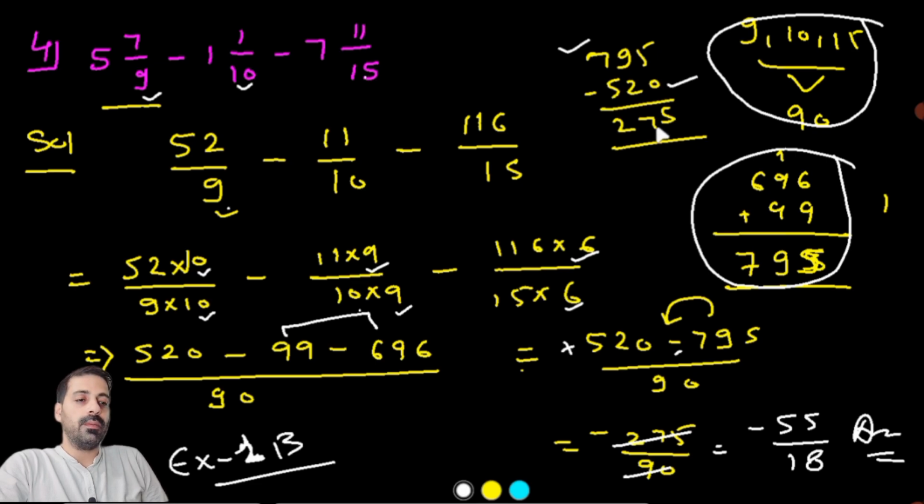So we have 275, but whether this 275 is positive or negative is decided by this side, because the negative sign is greater here. So the final answer will be negative. 275 and 90 have a common factor here, 5. After cancelling out 5 from numerator and denominator, we have negative 55 upon 18, and this is the answer.